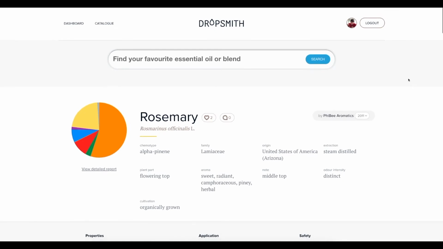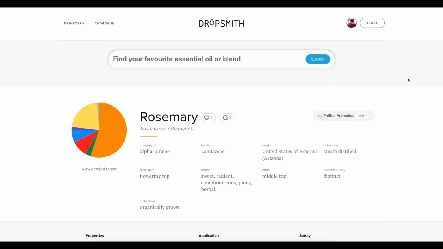So that is how I use the single view of essential oils to explain to my students and my clients and superiors why I chose the oils I did for a certain blend or just a single oil for a certain application. Because before Dropsmith, it took me a lot of time to find all these researches, to put it together, and it was just not easy to present it all.